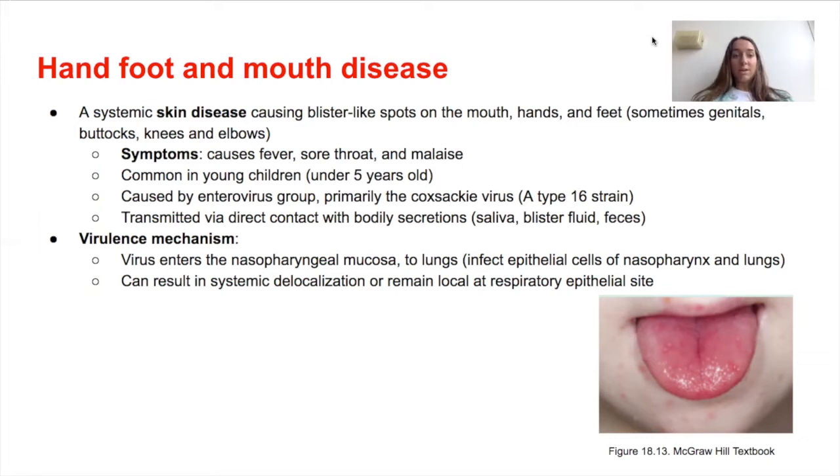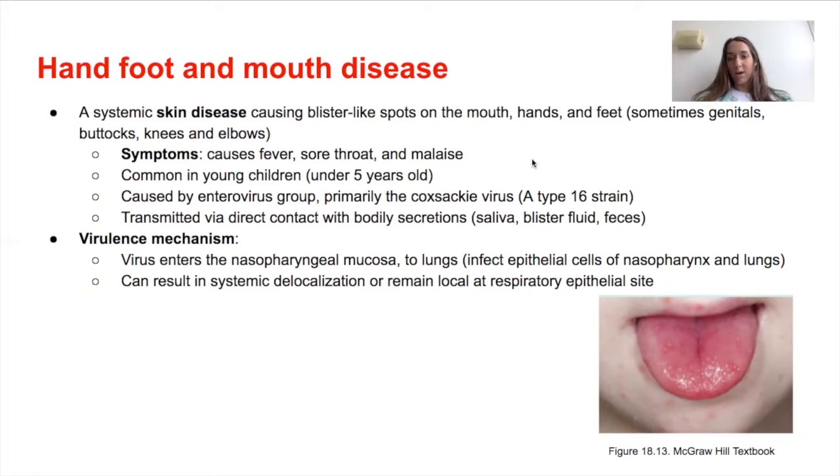Its virulence mechanism: the virus enters the nasopharyngeal mucosa, moves to the lungs, and then begins infecting epithelial cells of the nasopharynx and the lungs. And it can result in systemic delocalization, or it can remain local at the respiratory epithelial site.